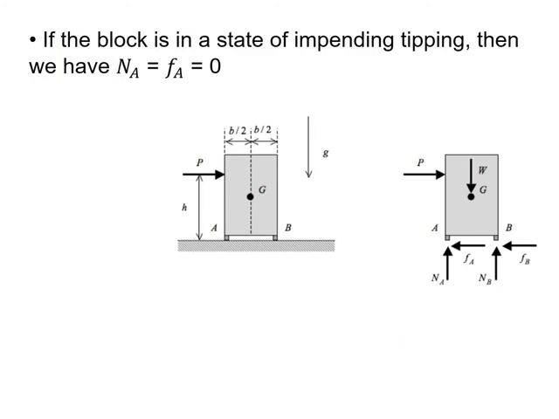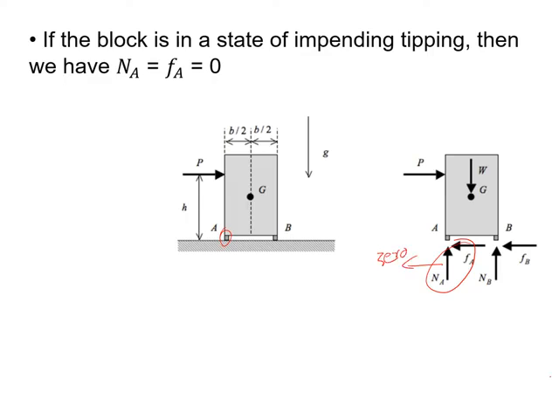Now there may be a case where the block is in the state of impending tipping, which means that point A is above the surface. That means the normal force and the friction force at point A will be 0.